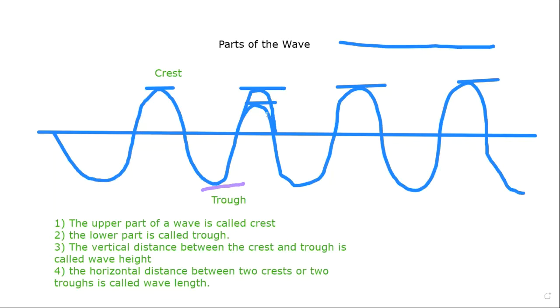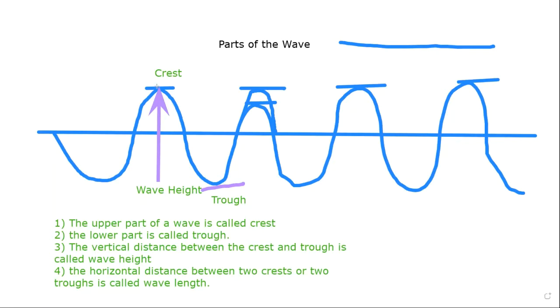The vertical distance between the crest and trough is called wave height. Vertical distance between the crest and the trough. This is something I already told you. Vertical is wave height, horizontal is wavelength. So between the trough and the crest, this is called wave height. The horizontal distance between two crests or two troughs is called wavelength.